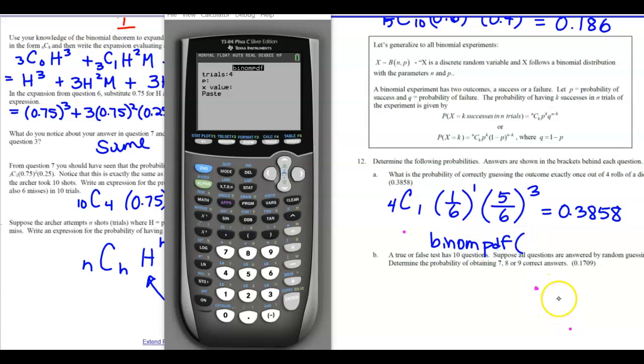Then P, the probability, is 1/6, so here it would be comma 1/6. And X is how many successes you want. In this case, we want exactly 1.